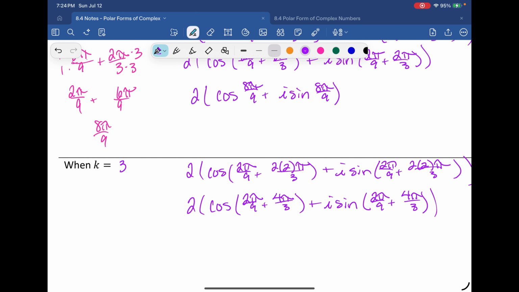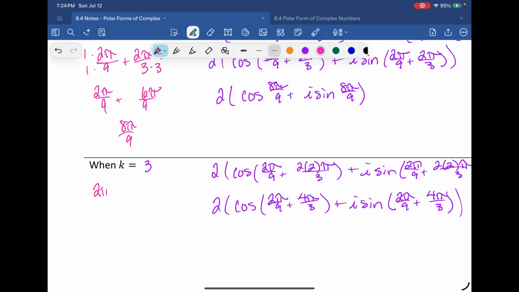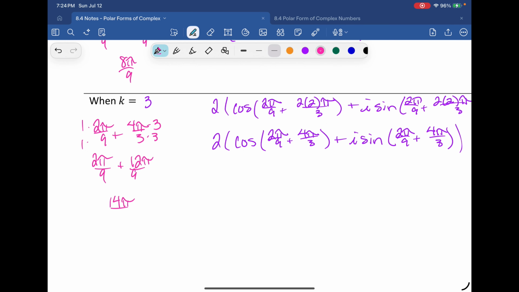And then, of course, we need to physically add the 2 pi over 9 and the 4 pi over 3. Common denominator 9. So multiply by 1. To go from 3 to 9 is multiply by 3. So that's 14 pi over 9.